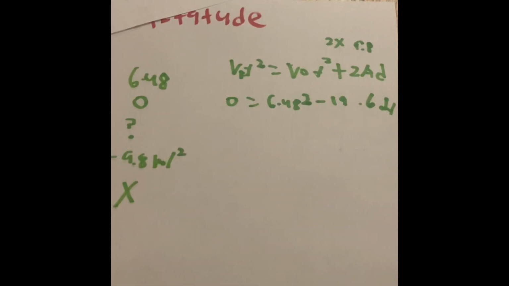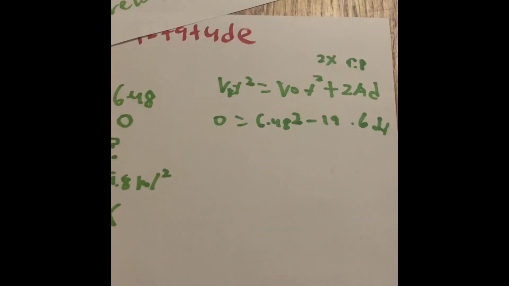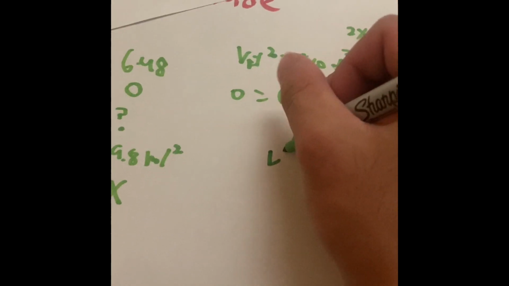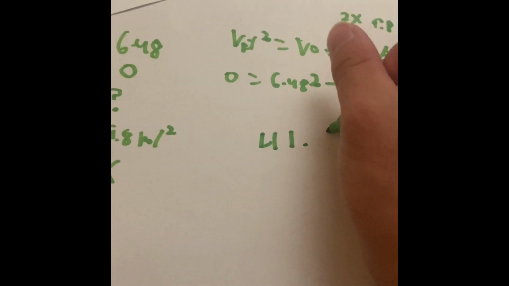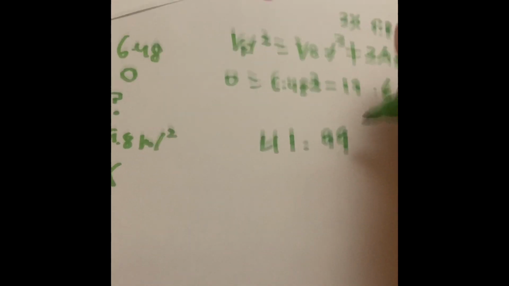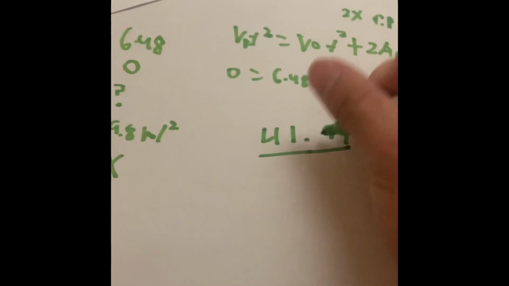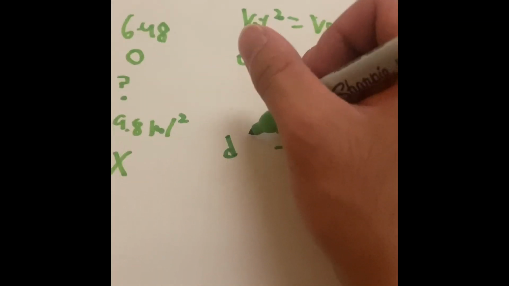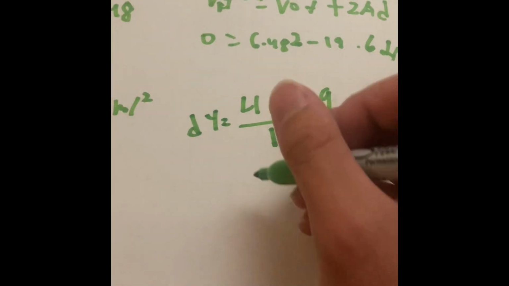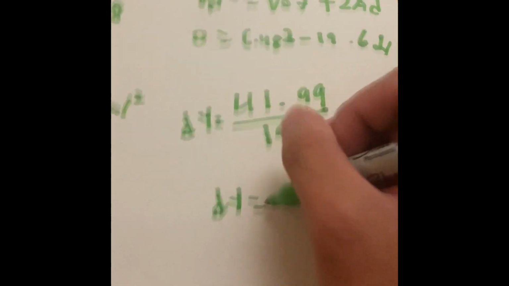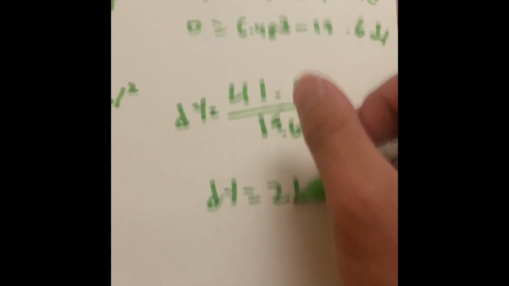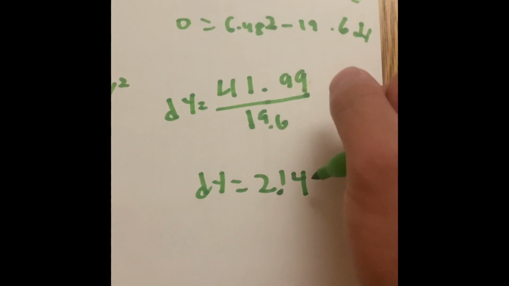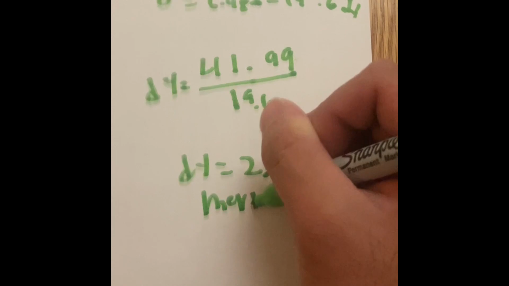When you square the 6.48, you are going to get around 41.99. When you divide that by 19.6, because that is how you get your dy, you're going to get an answer of dy equals around 2.14 meters.